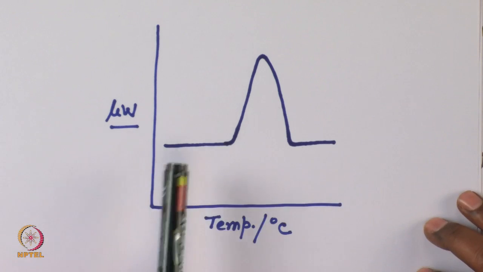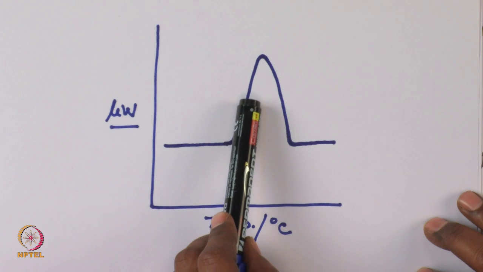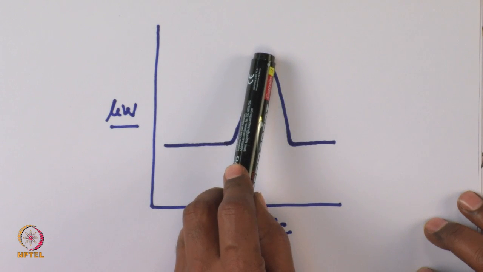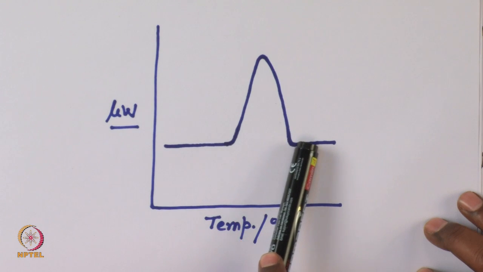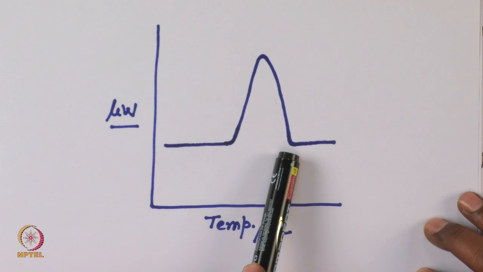So, what is shown over here is that this additional power is given to the sample cell until the transition is complete, and then slowly that power goes back to the same power which is being given to the sample and reference cell.